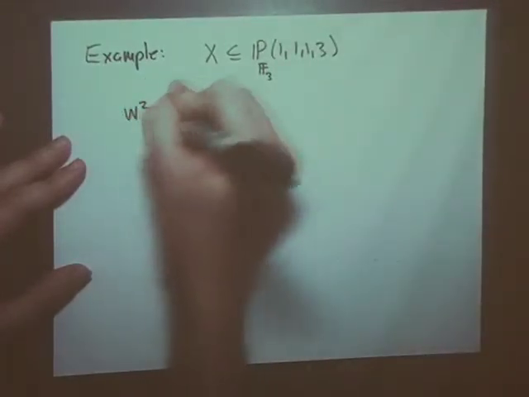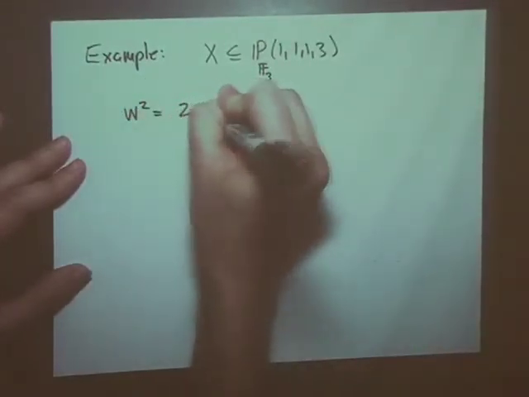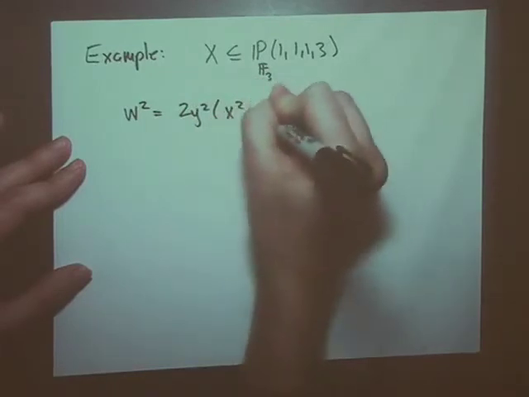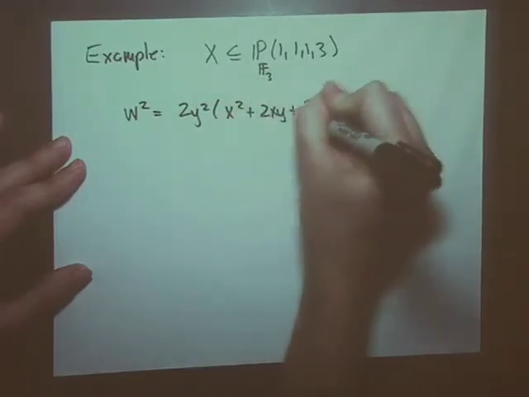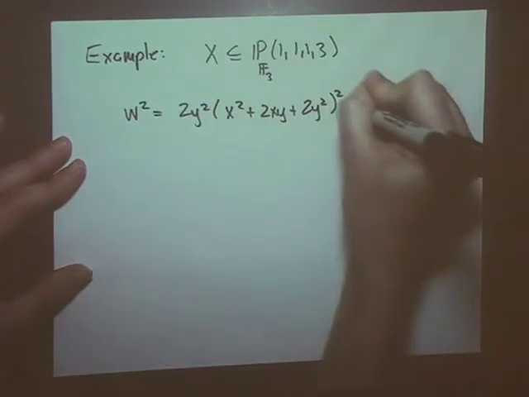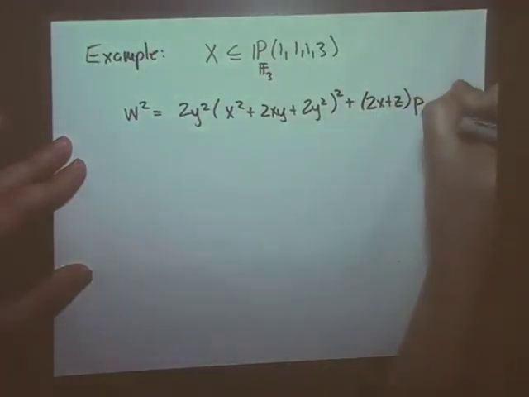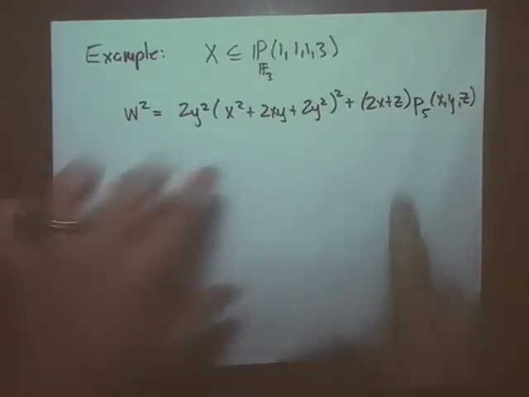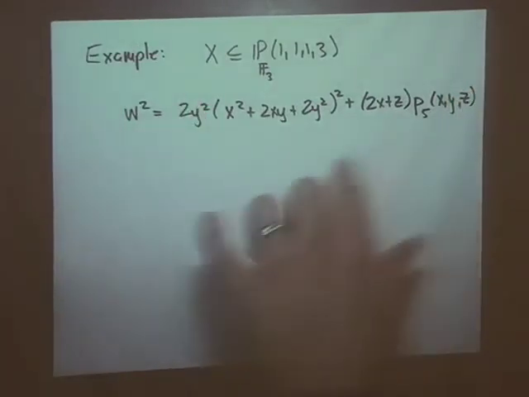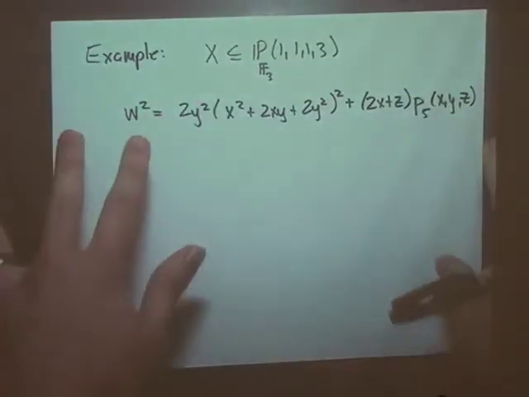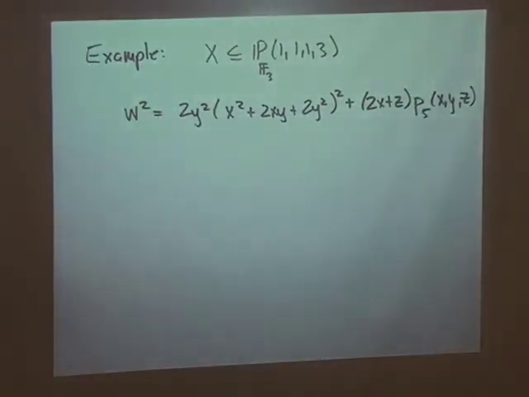W squared is equal to 2y squared times (x squared plus 2xy plus 2y squared) plus (2x plus z) times some homogeneous polynomial of degree 5. Okay, so this is some sextic. Of course, I have to choose this P5 so that this whole thing is smooth. That's not a big problem.